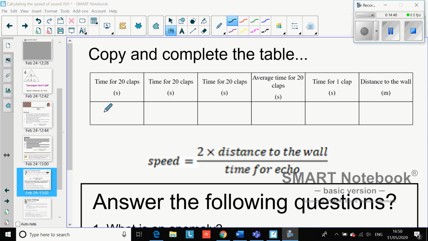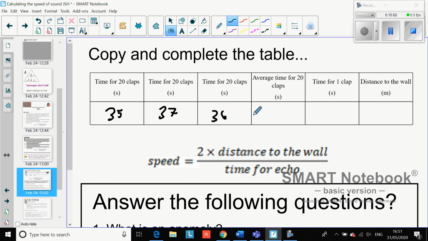So say for example, let's just say it took, I don't know, 35, these are just average guesses, 35 seconds to do 20 claps. The next one, it took 37 seconds, and the next one maybe 36 seconds.